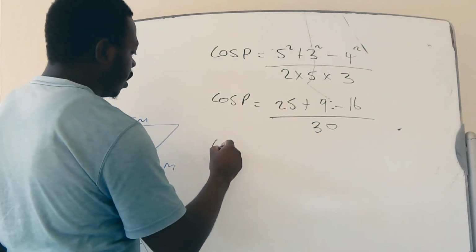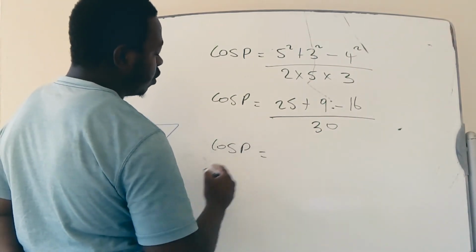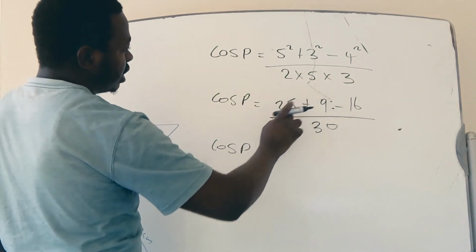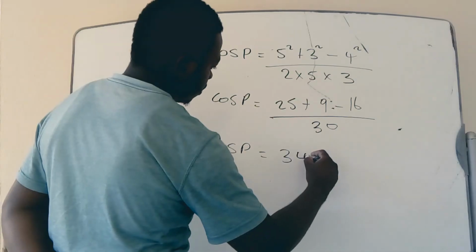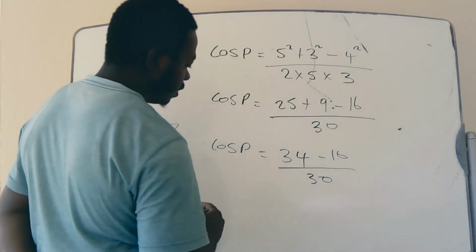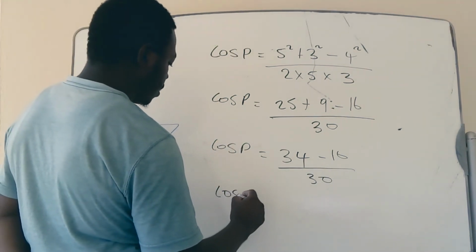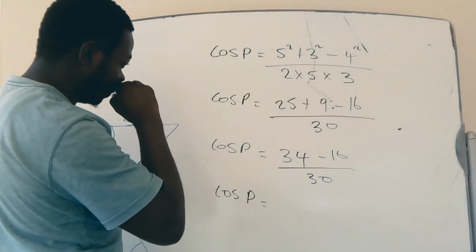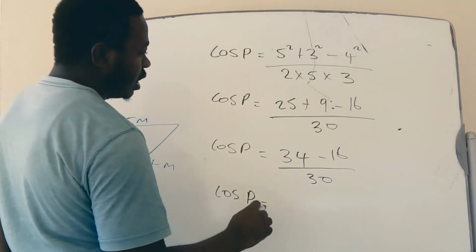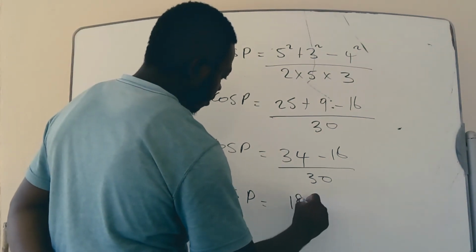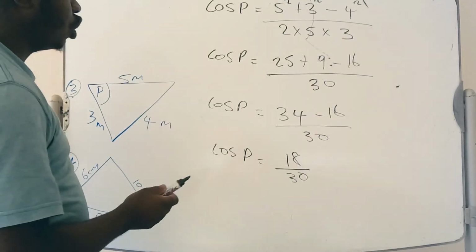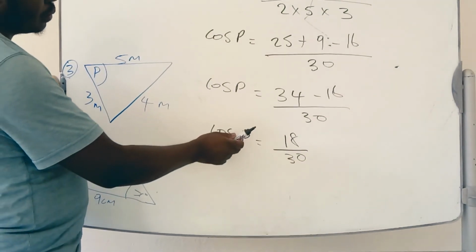Which is equal to, cos P is equal to 25 plus 9, that gives us 34, minus 16 all over 30. So cos P is equal to 34 minus 16, and that is 18 over 30. Right?